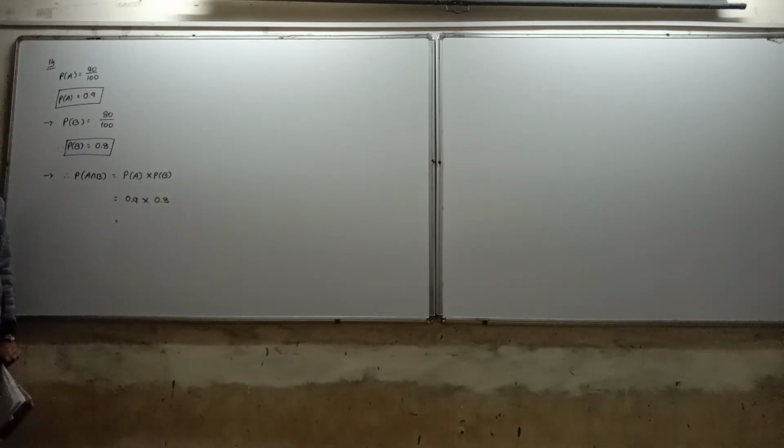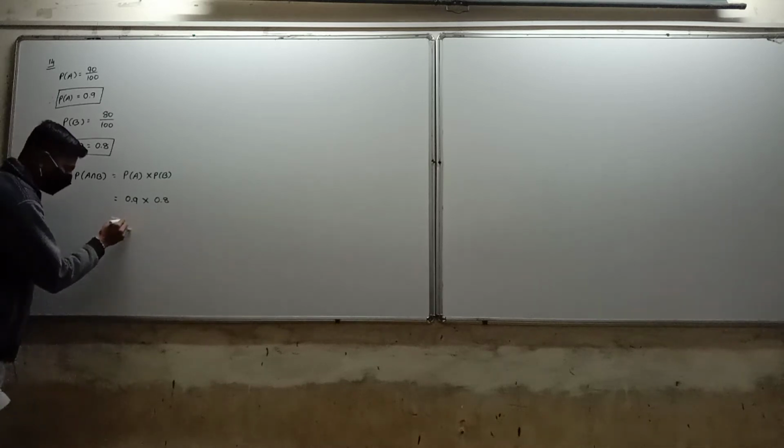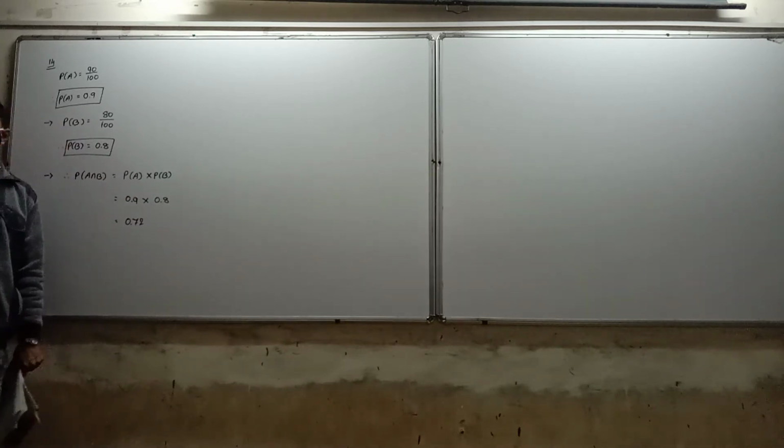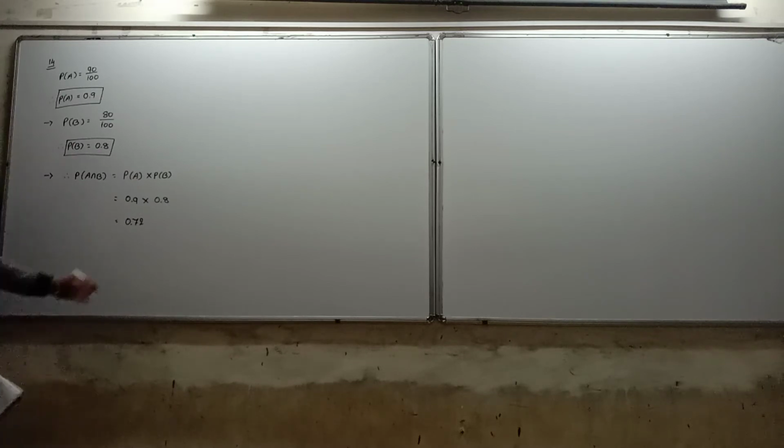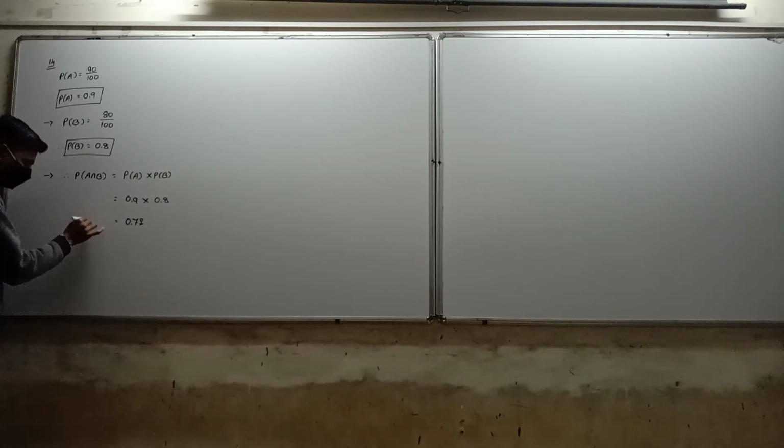Now using calculation, 0.9 into 0.8, so A intersection B is 0.72.